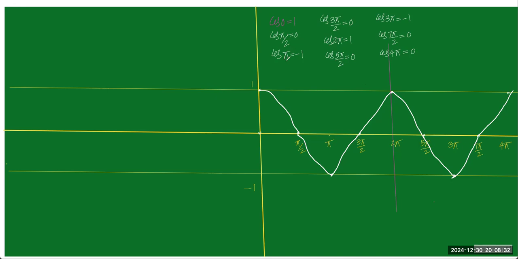Whenever it is an even multiple, positive. The student will easily remember. Then you can draw the graph. So cos x is also a periodic function with an interval of 2 pi, because after 2 pi the curve's nature is the same again.